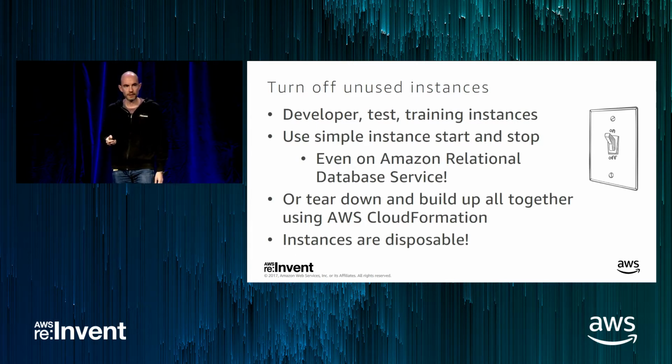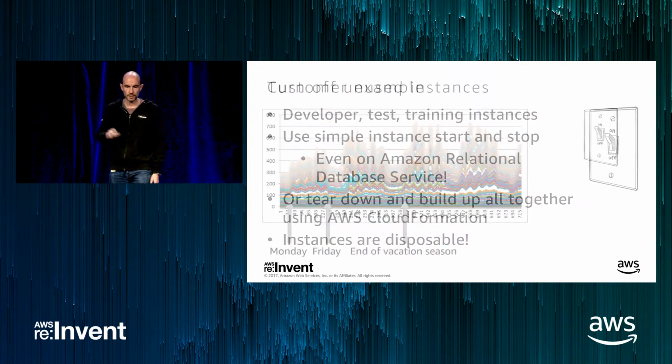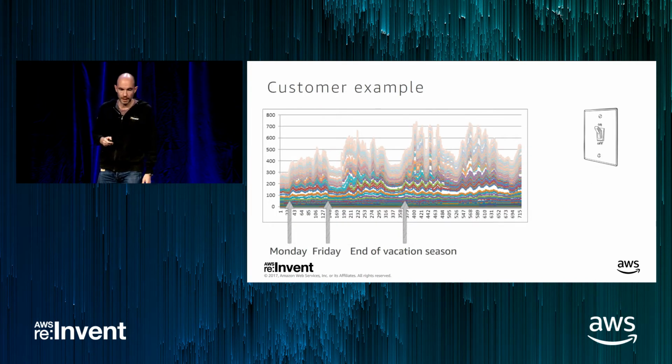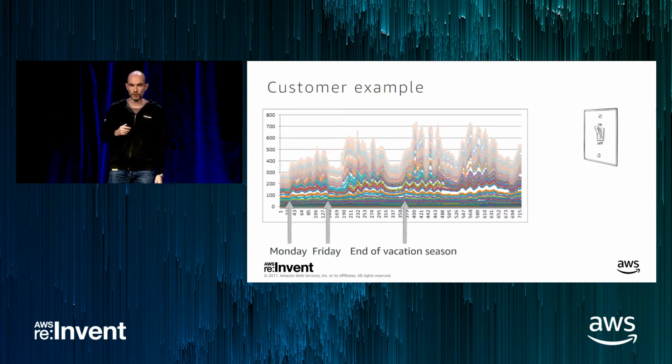Or you can even shut down a whole infrastructure with CloudFormation, which is a great way of automating your infrastructure. So think of instances as something that is disposable, that you just get rid of if you don't need them, and then you conjure them up whenever you need them. And here's an example of a very large customer. And you can see here in the instance usage how big of an impact that can have if you are really good at shutting down your non-used instances.